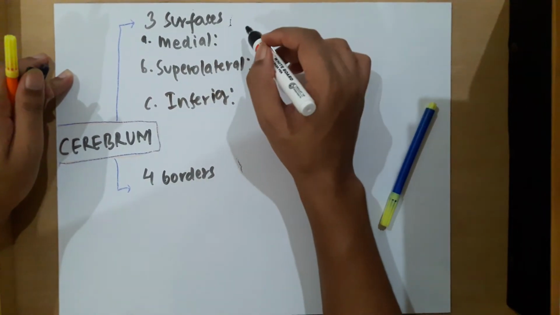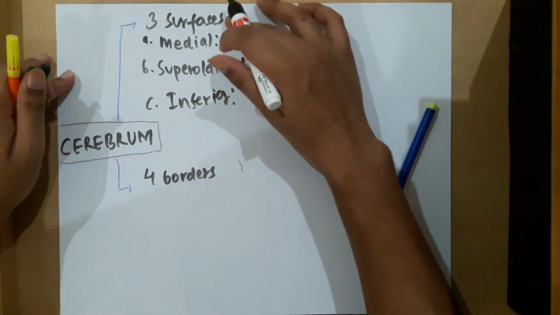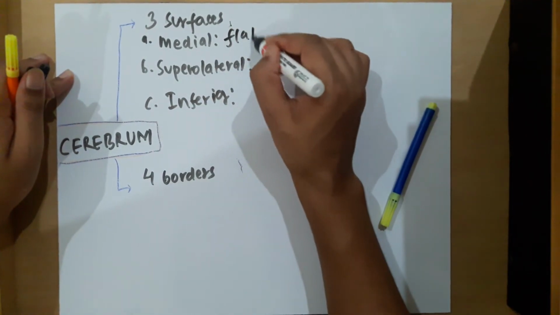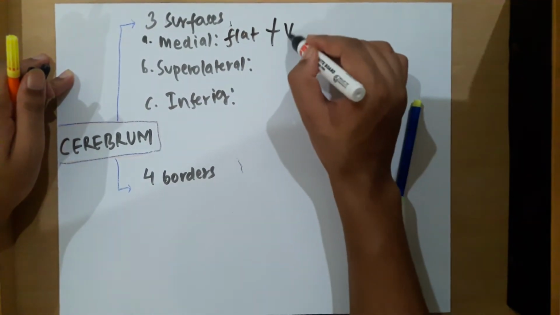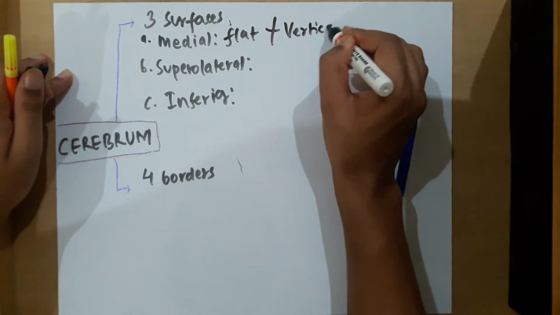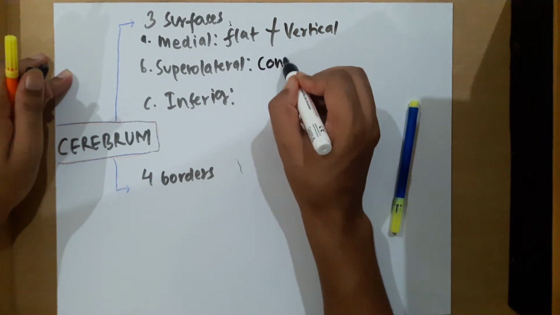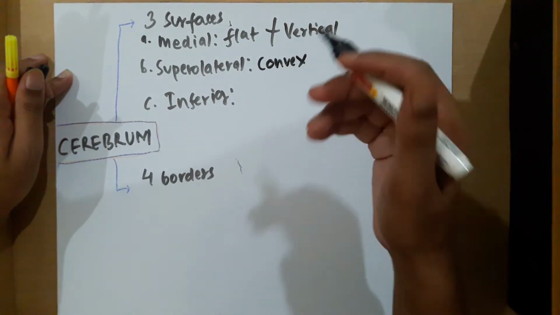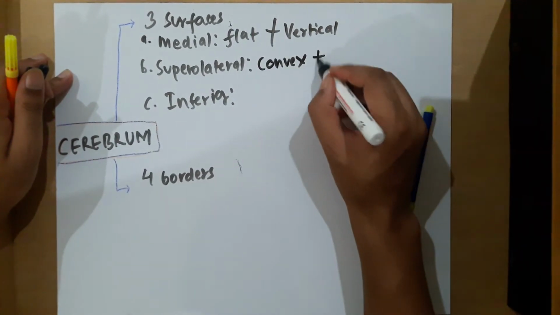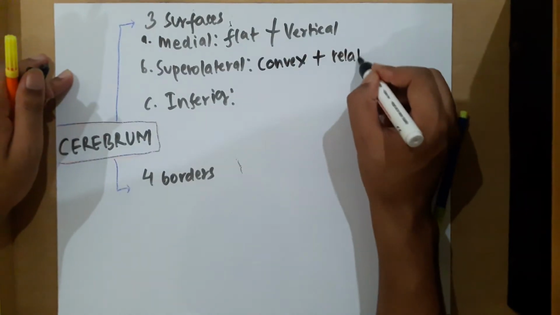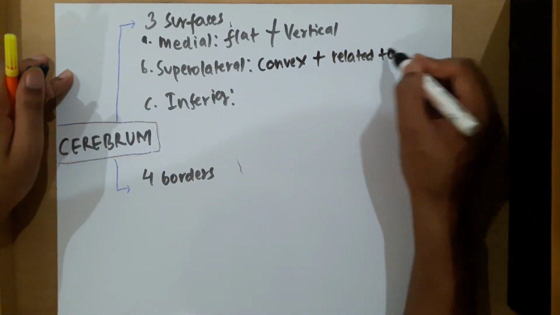The medial surface is flat and vertical. The superolateral surface is convex and related to the cranial vault.